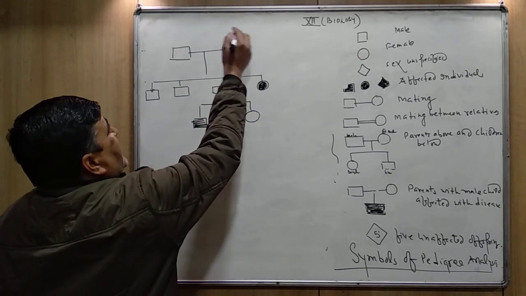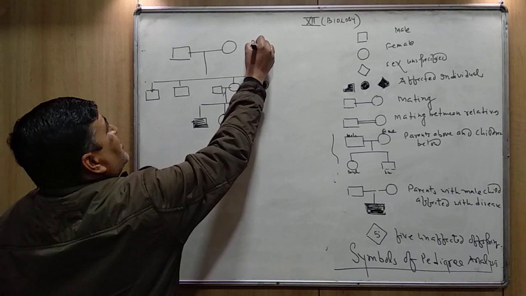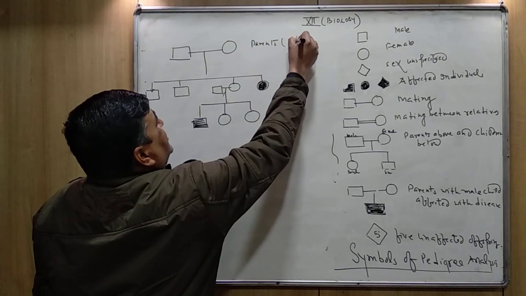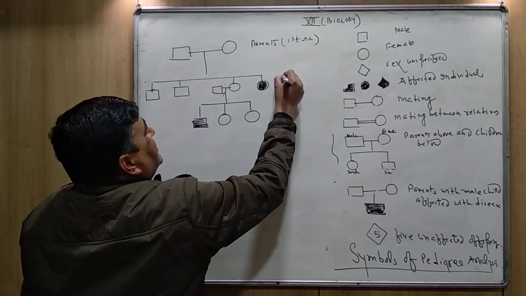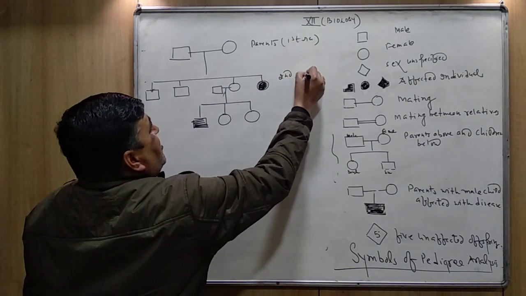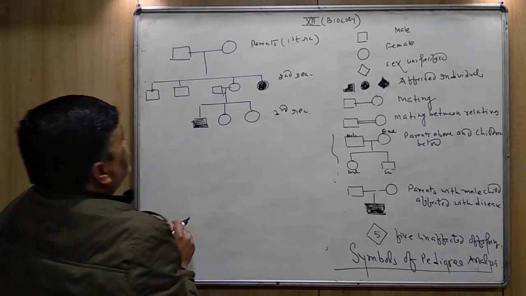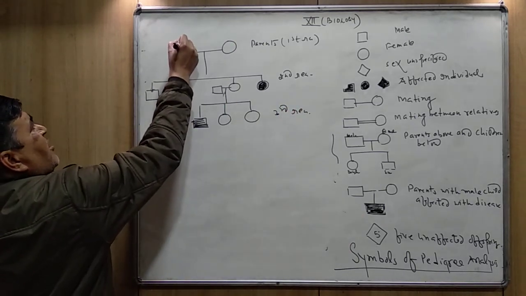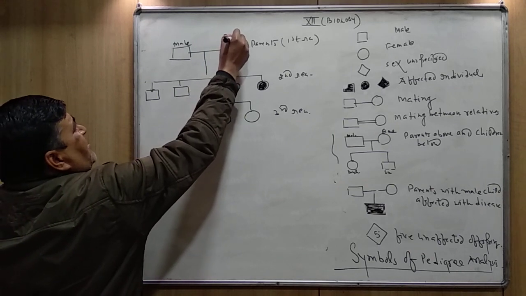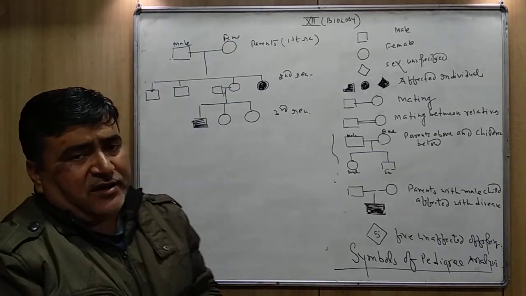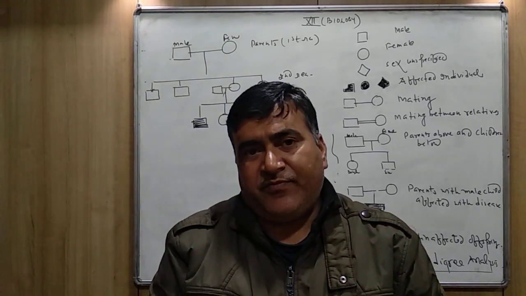These are the parents. You can write here first generation. This is the second generation. This is the third generation. This is male, this is female. And you can see here the male and female both are normal.